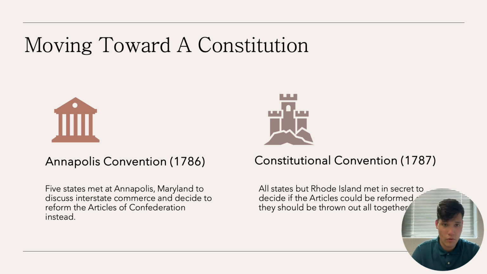So this is moving towards the Constitution. We'll go more in depth about the Articles of Confederation and what you need to know for the exam, but this is just to get your head spinning about the information and topics.